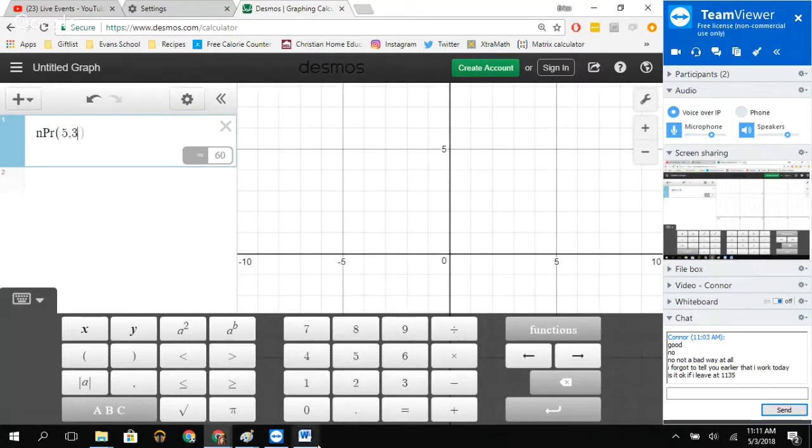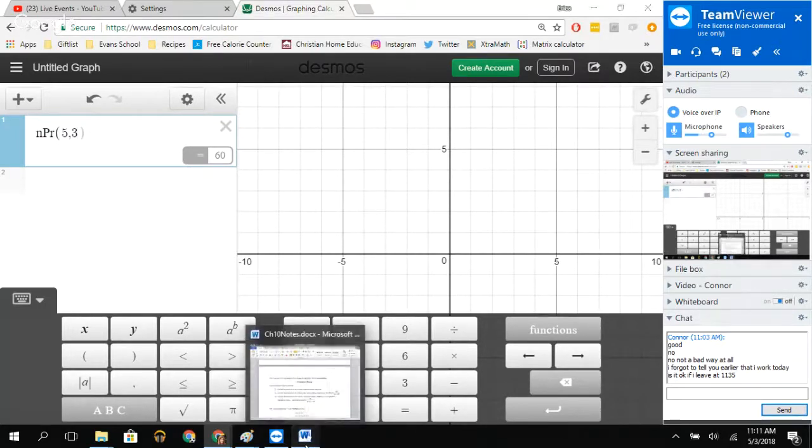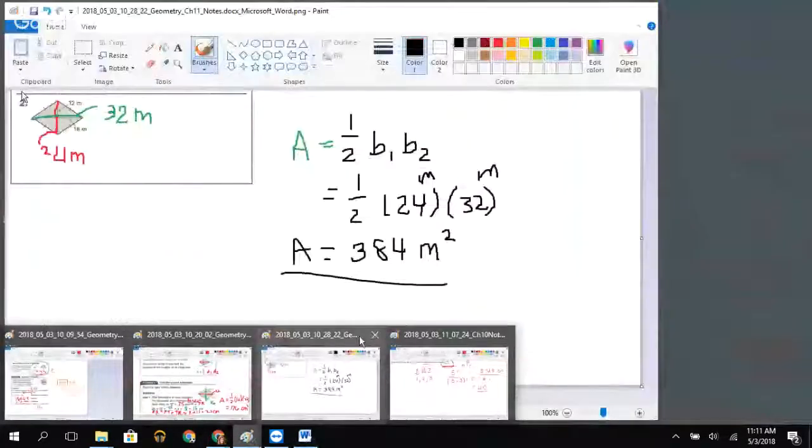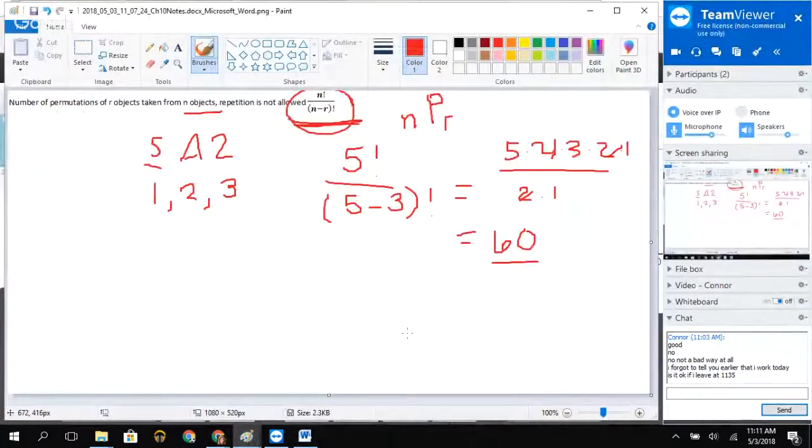All right, so the thing that I want to talk to you about today that actually does relate to this is, where's my paper? Here we go. What happens if the order we choose our 3 people out of our group, or however many people out of our group, isn't important?